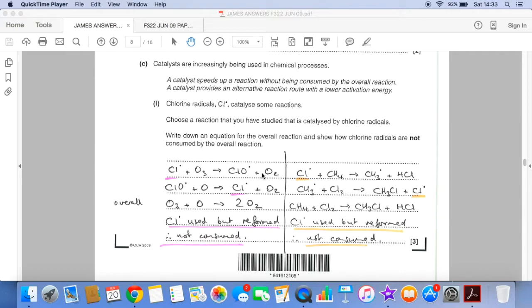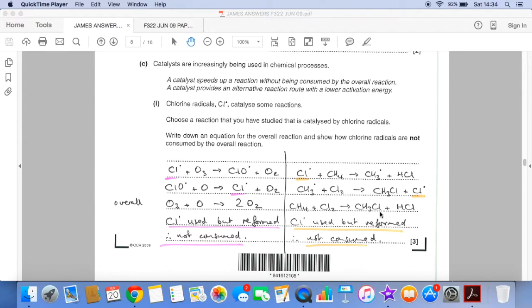When you add those 2 equations together, you create the overall equation, and the ClO radicals cancel, as do the Cl radicals. And then the other reaction you could have gone for, the chlorination of methane.